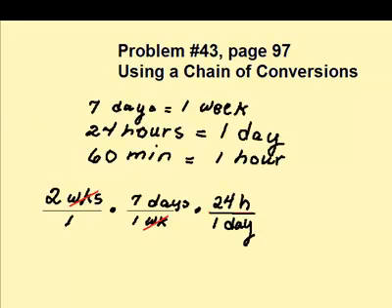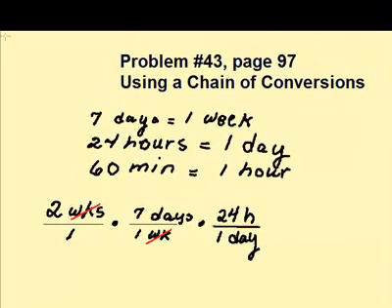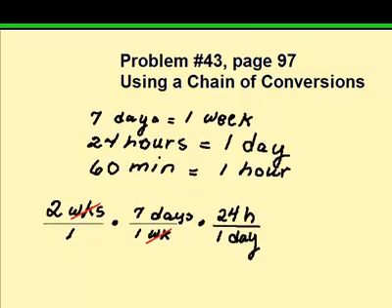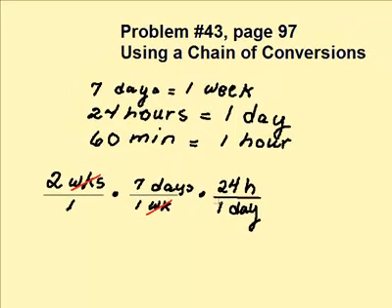The days, my label, are diagonally across from each other. So those now can be canceled out, or divided out if you're happier with that terminology. And now I've gone from weeks to hours.